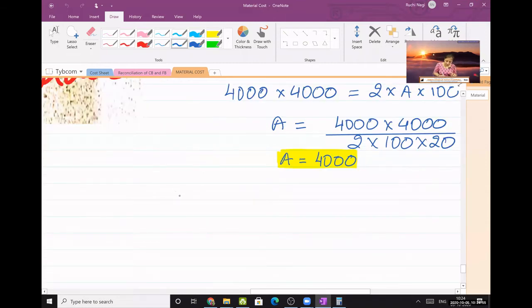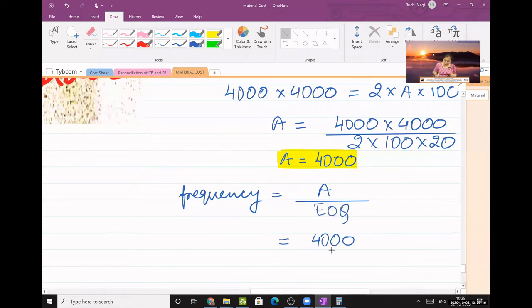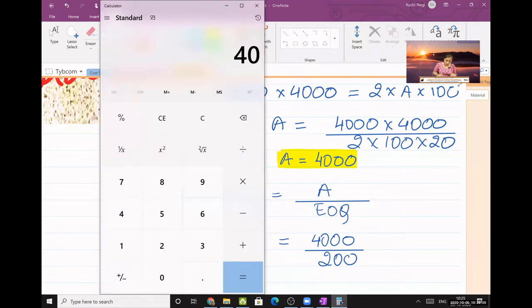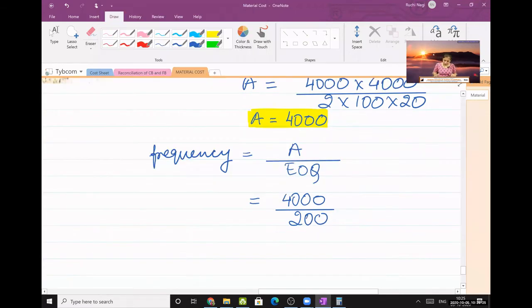I can calculate frequency also. Frequency is what? A upon EOQ. A is how much? Just got 4,000. EOQ is how much? 200. So 4,000 divided by 200. So 20 times. So I have to place order 20 times in a year.